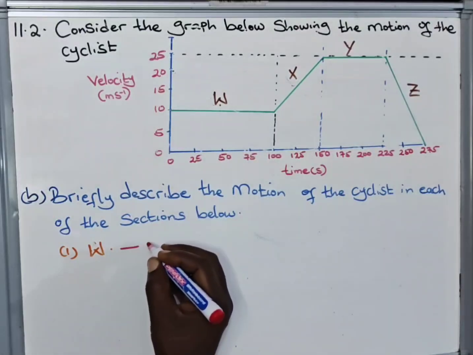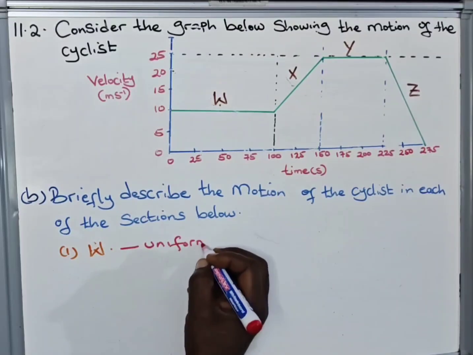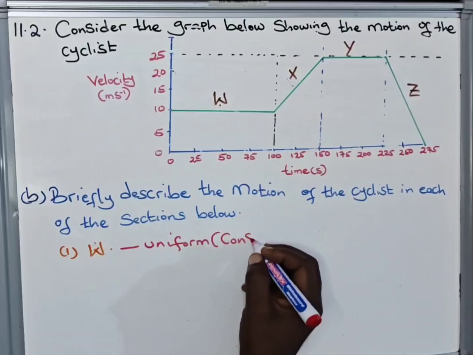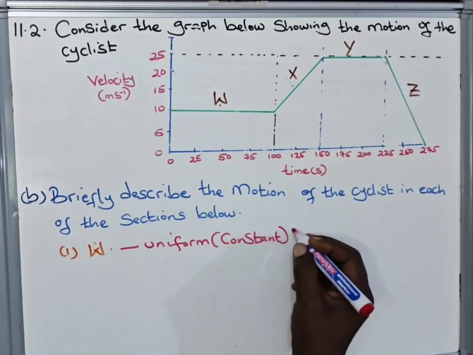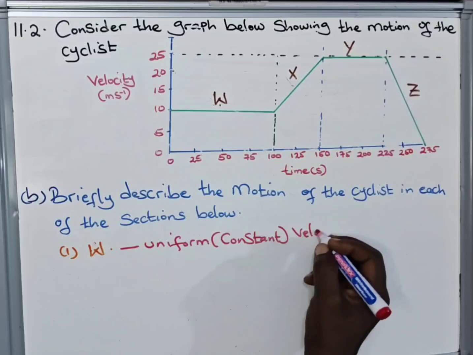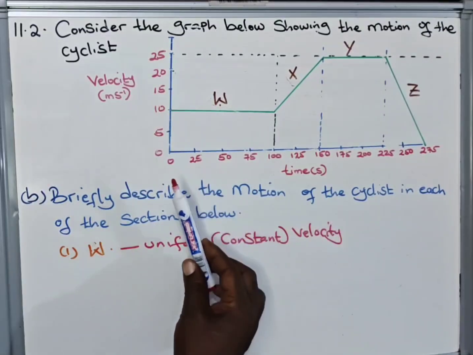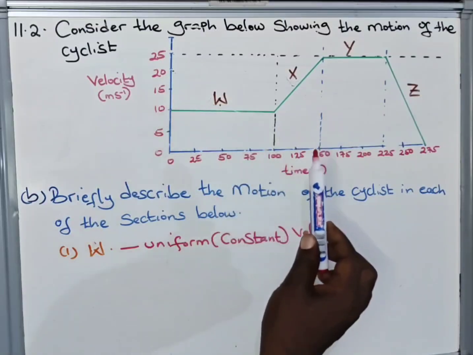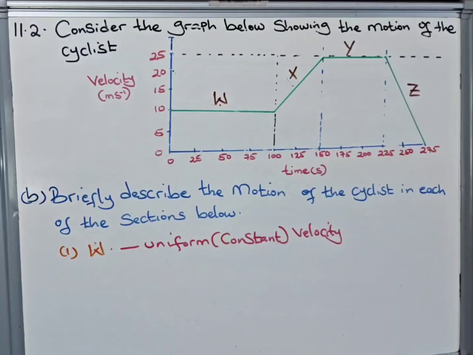That one is uniform or constant velocity. Here you can see at 0 it is 10, at 25 it's 10, at 100 it's 10, so it's constant.